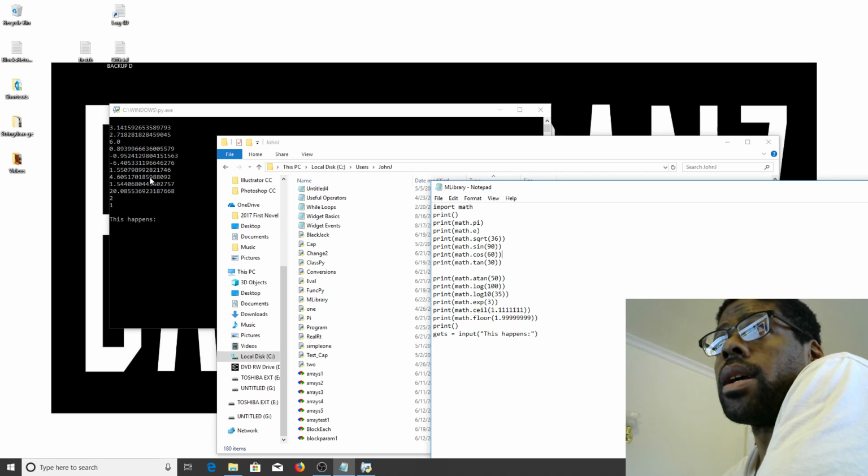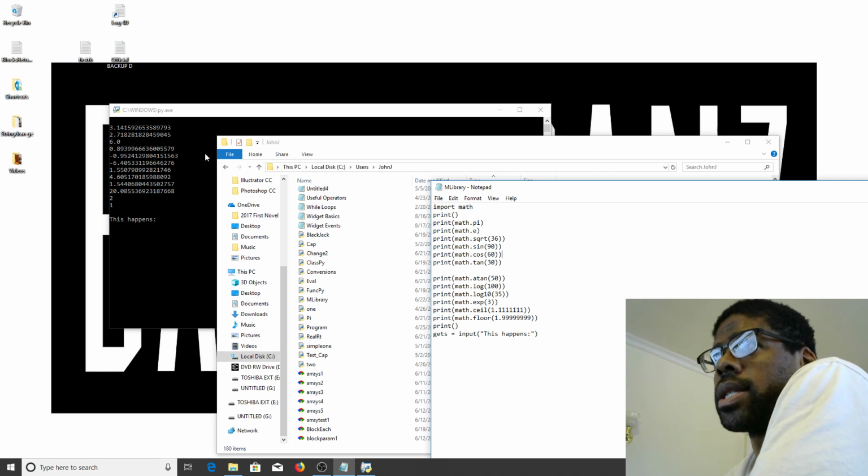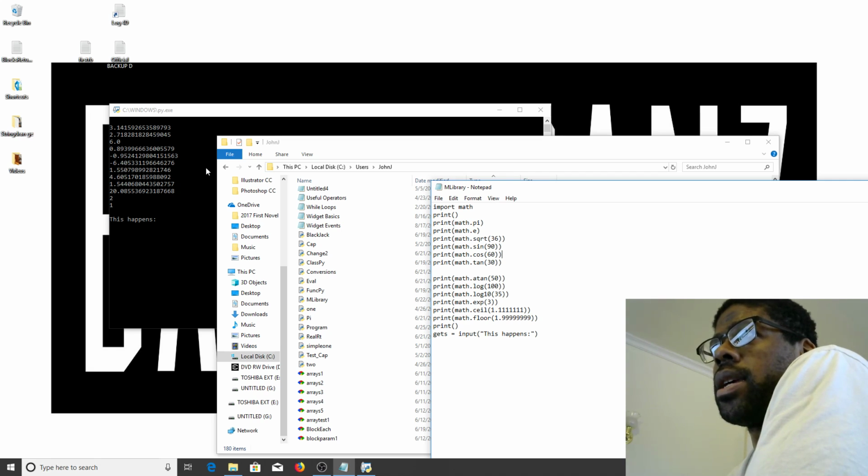Tangent of 30, which is 6.4. Then the next after that is arctangent of 50, which is 1.55, 1.551 if you make it 3 digits after the decimal point.